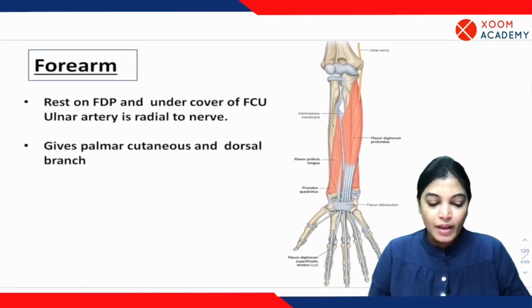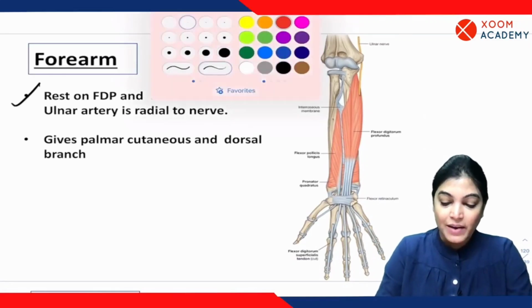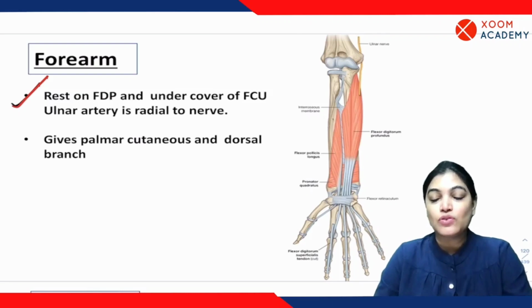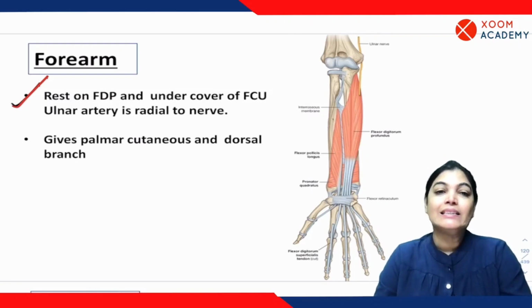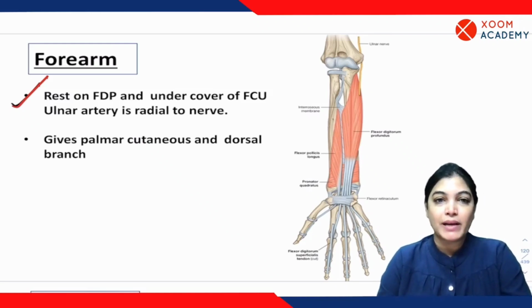Thereafter, as I told you, it will run towards the medial aspect. So it runs over the medial aspect of flexor digitorum profundus, FDP, and lies under the cover of flexor carpi ulnaris.